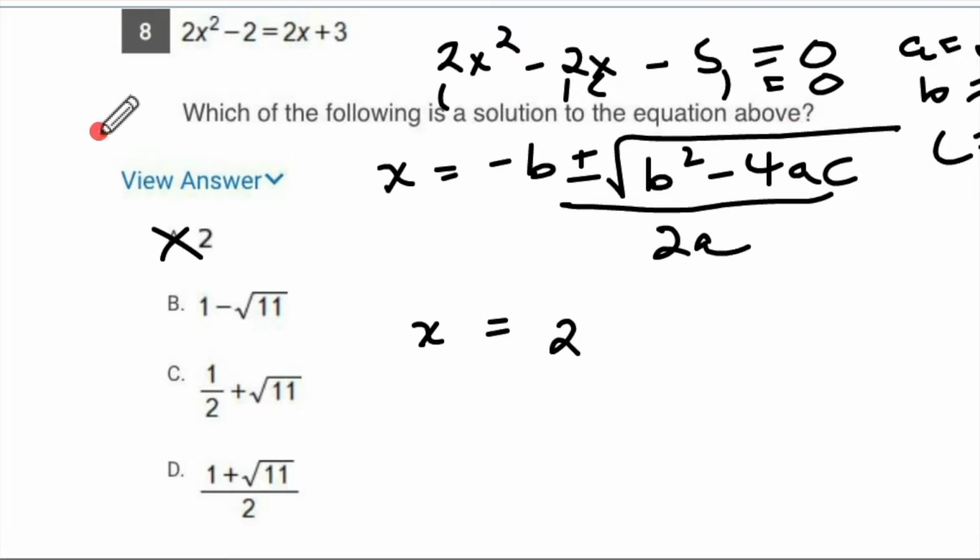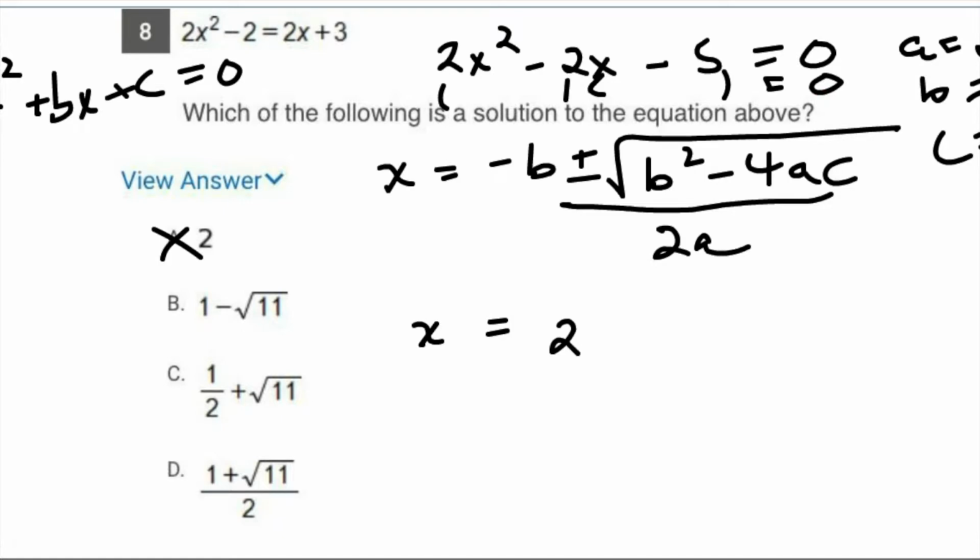If you don't know how to use the quadratic formula, this is something you definitely want to learn before you take the SAT. You want to put it in the form ax squared plus bx plus c equals 0. It's just standard form. So the a is the number before the x squared, the b is the number before the x, the c is the constant. Then you just plug it in.